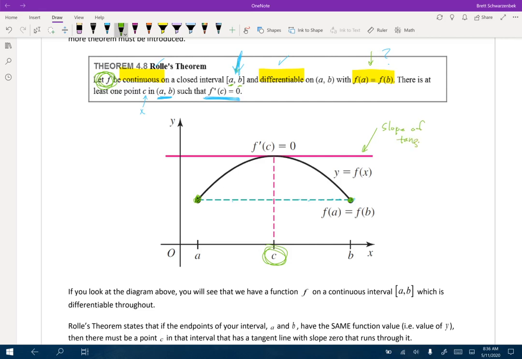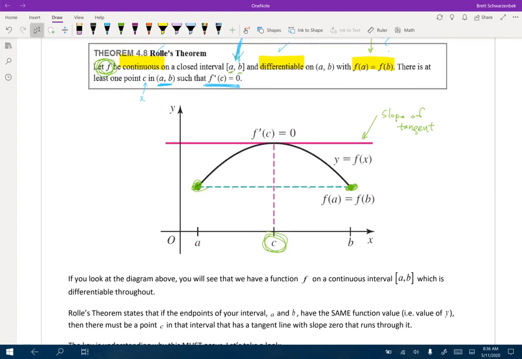To put this a better way, if you start here and end up here on a curve, you have to usually go up or down and come back again. What they're saying is that eventually you're going to have a tangent line to that curve that has a slope of 0. That's all this theorem states. This is actually another key theorem when it comes to determining critical points and things like that.